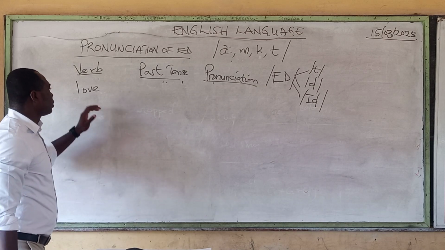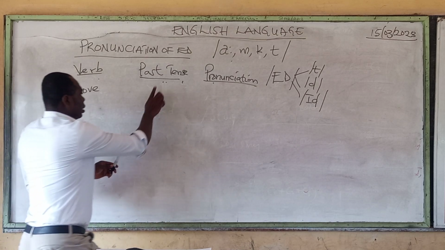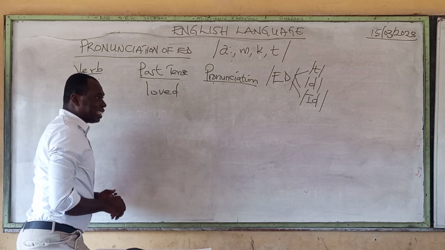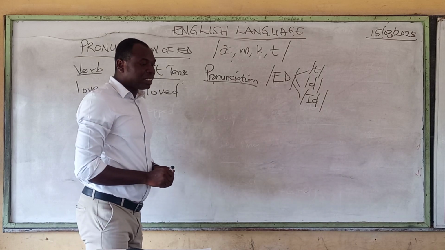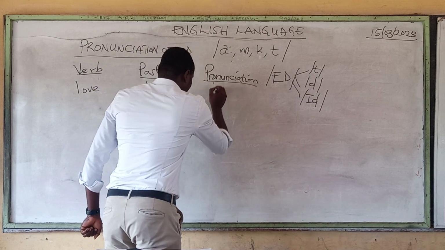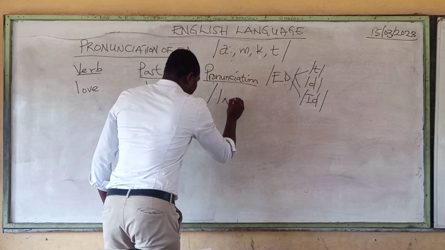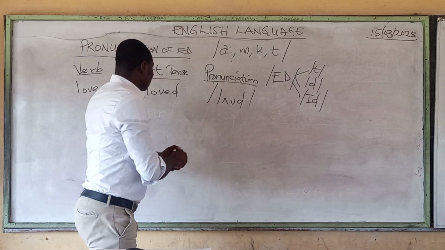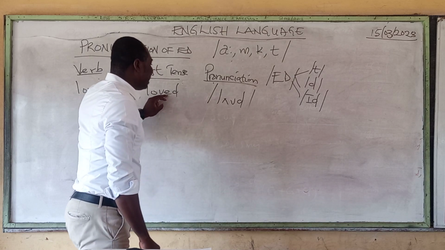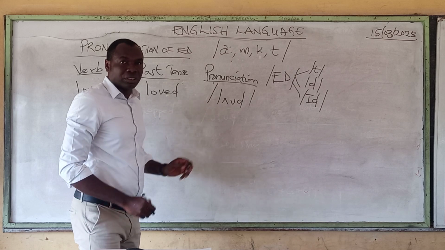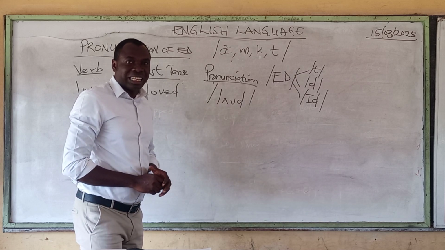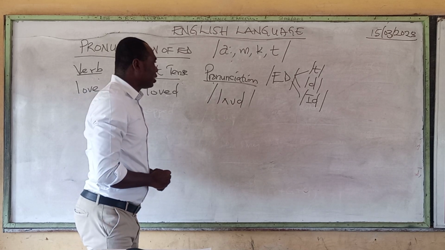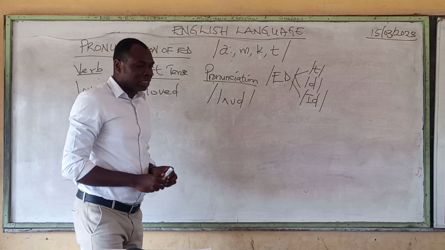Laugh. The past tense, ED has been added to it. So laugh, the past tense, the pronunciation will be laughed, because the a there is a voiced sound and ED has been added to form the past. So the past tense will be pronounced as laughed.